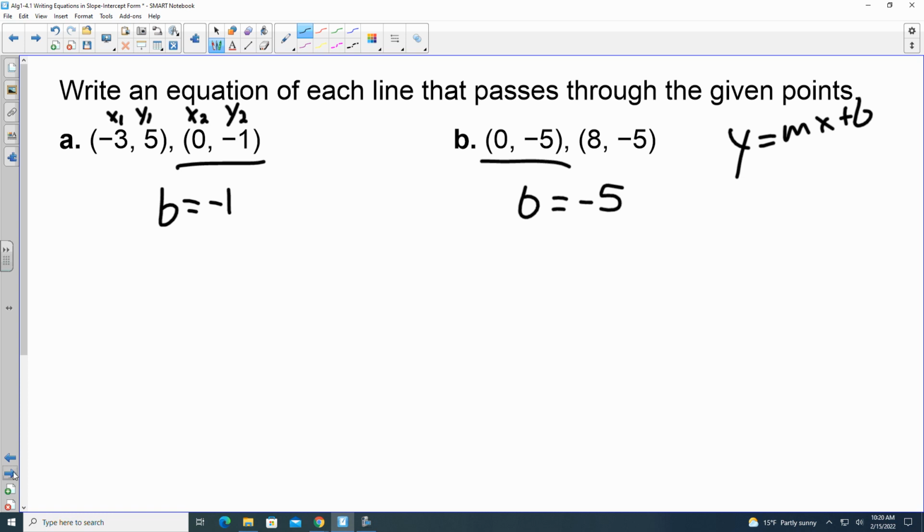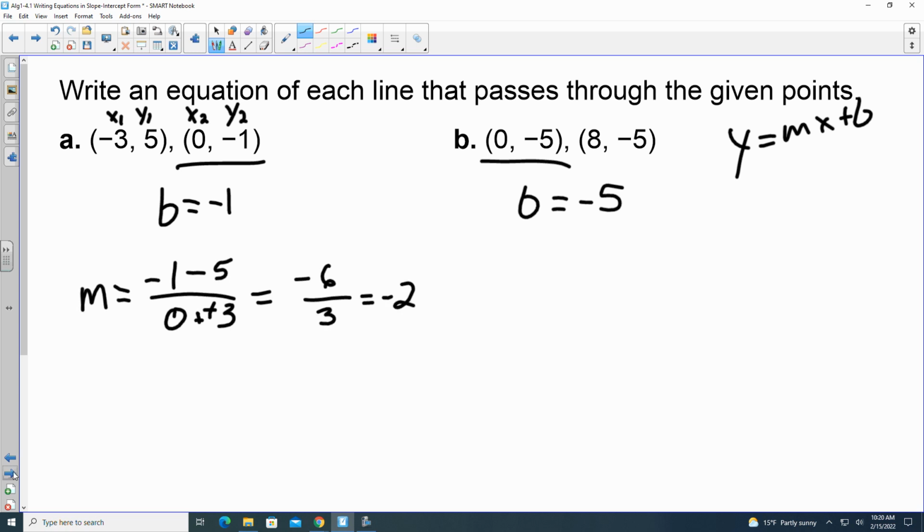This is my y2. So to find the slope here, I'm going to get -1 minus 5 divided by 0 minus a -3. I have a cross the line change of sign situation in the denominator, and so -1 minus 5 is -6. 0 plus 3 is 3. This gets reduced to -2.